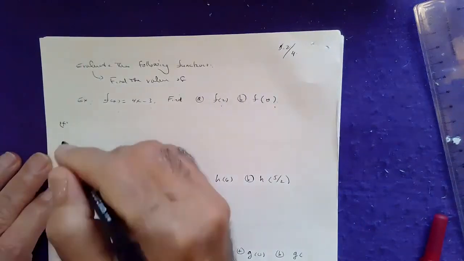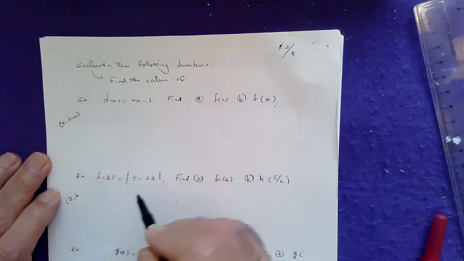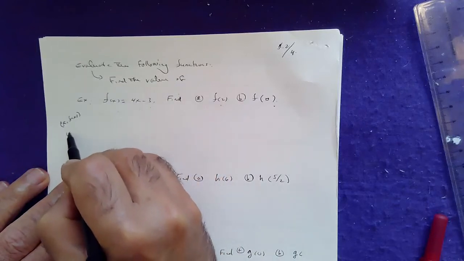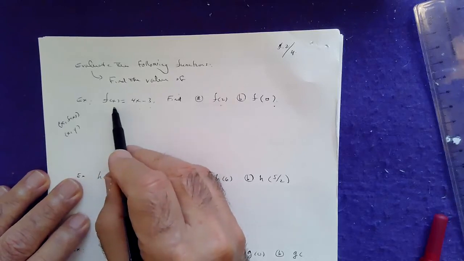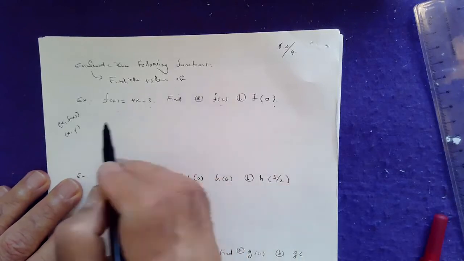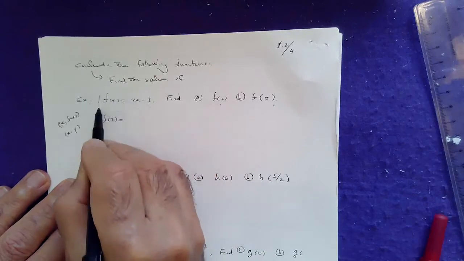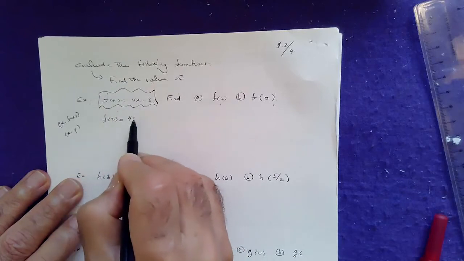So keep in mind the ordered pairs will be x comma f of x. Remember, this is just the nickname for y. Instead of saying x comma y, we are saying x comma what? f of x.